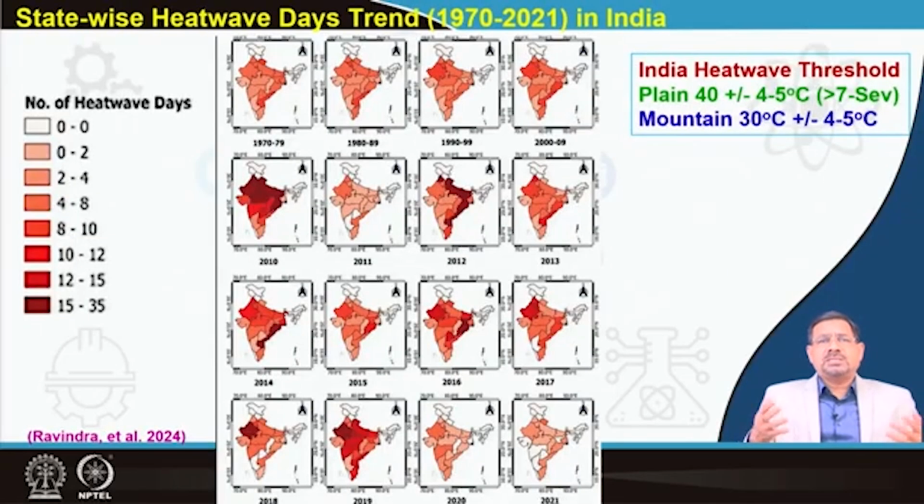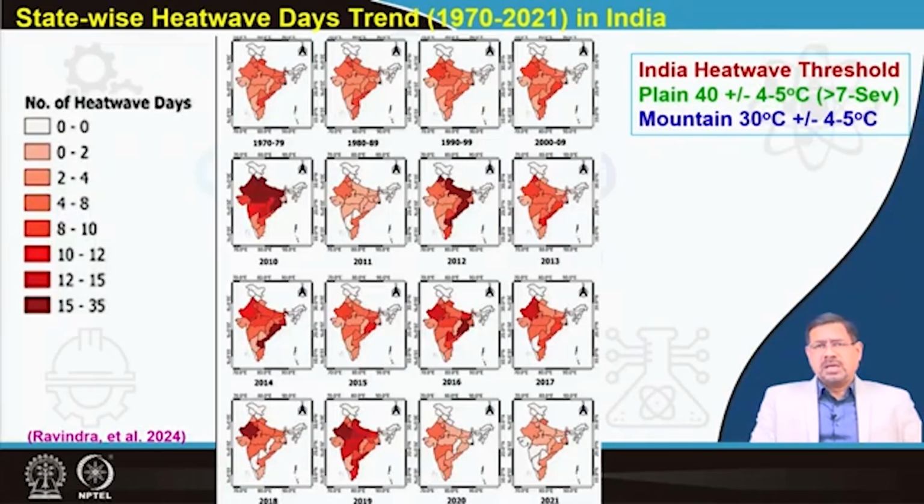Now, friends, let us take some examples as far as our own country is concerned, the Indian scenario. Friends, if you see this particular state-wise heat wave days trend, which is plotted between 1970 to 2021 in India. So, what happens over the plain land?